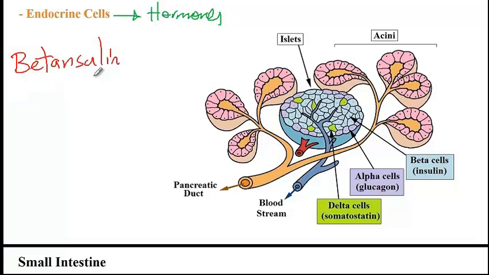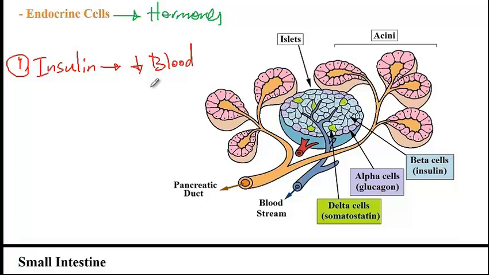All right, now let's go over the function of the different hormones right here. So first we have insulin. The function of insulin is to enhance absorption of glucose into muscle and adipose cells, as a consequence of which there would be decreased blood sugar.